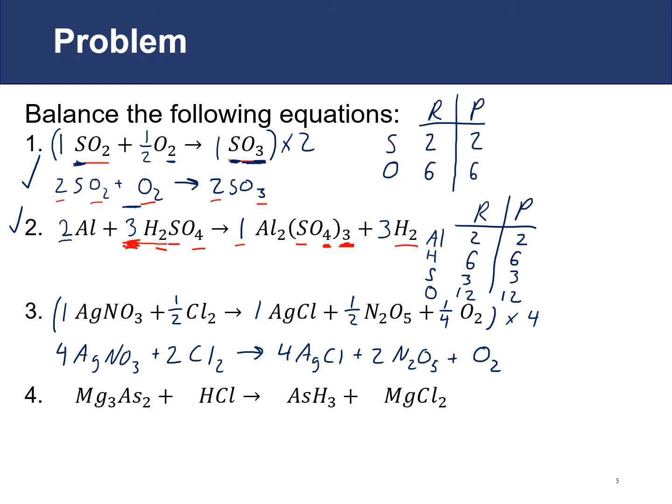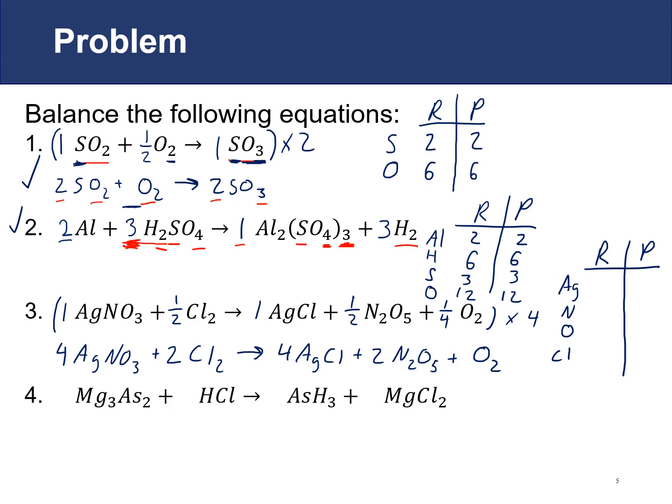Now I got to figure out if this is balanced, so I'm going to look at my reactants and my products, making my table. So I have silver, I have nitrogen, oxygen, and chlorine that I need to make sure balances out.